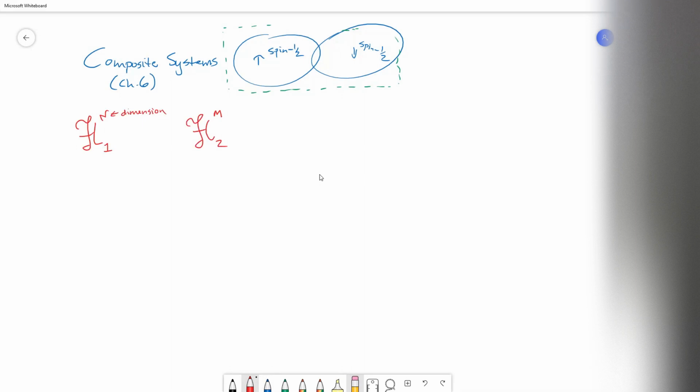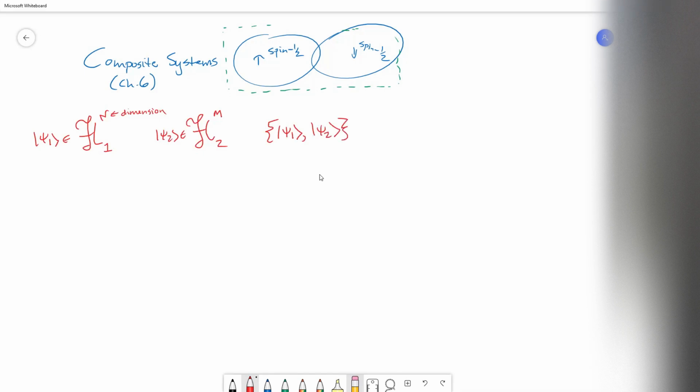You have vectors that live in either one of these. So if you want to think about a composite system, maybe you can think about these systems as pairs of states. You specify which state it's in for the first Hilbert space, and which state it's in for the second one.